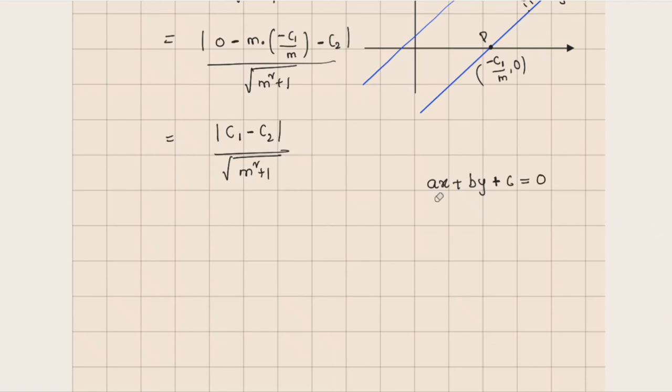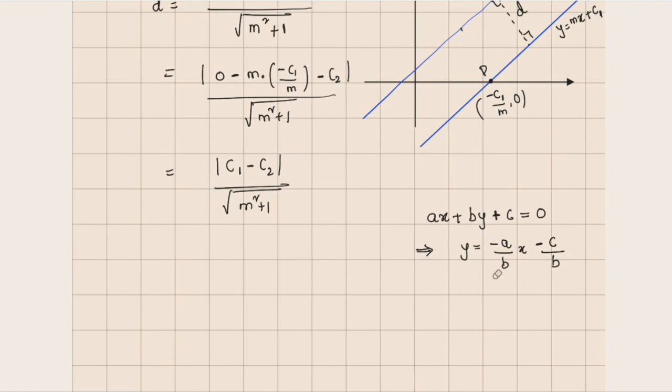In lecture 4, we have reduced this to slope intercept form. Then what we got is y equals minus a by b x minus c by b. So here the slope is minus a by b and the constant is minus c by b.